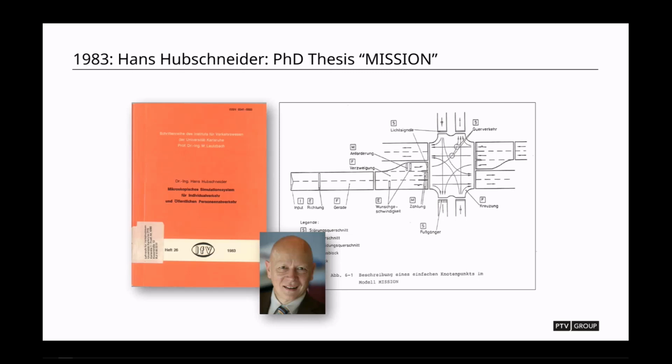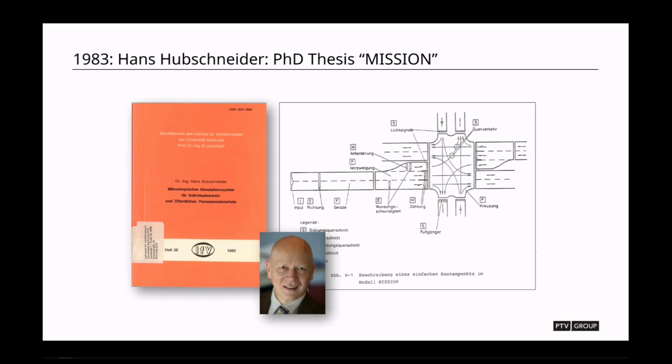This one already had not only one link, or rather one lane, which was in Wiedemann's model, but building blocks to have a network, even with intersections, multiple lanes, and things like priority or even signalization, and then getting data out of this. This was coded in Simula 67, still on a mainframe.